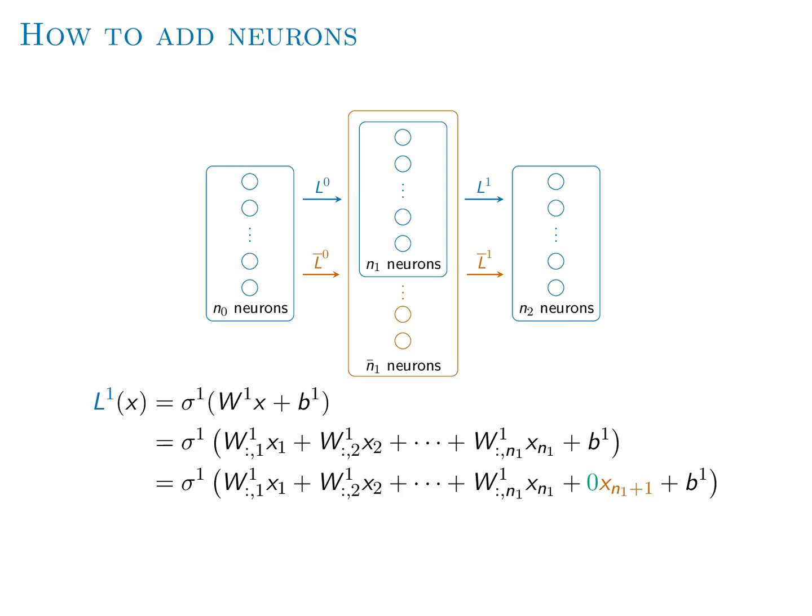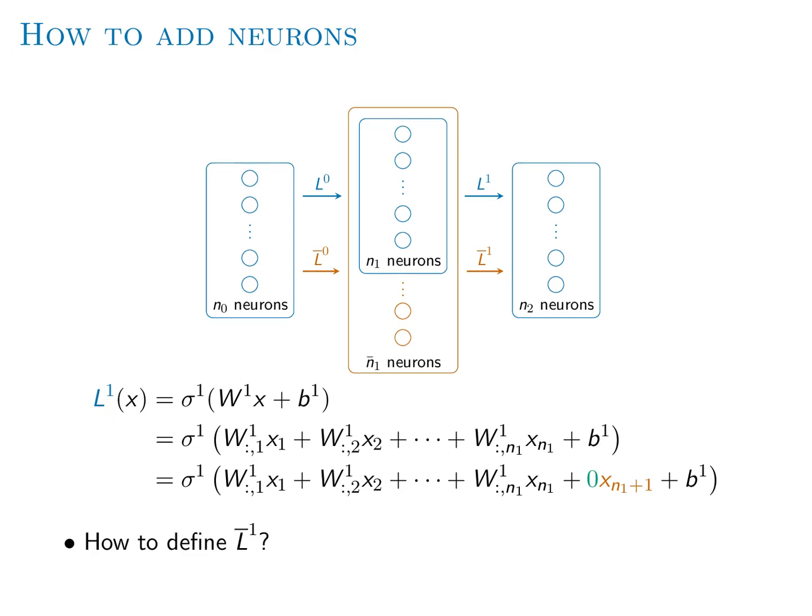In this way, we can easily see what is the contribution of each neuron, and, well, we can imagine how to easily insert a new neuron. So just imagine that there is a plus 0 times x(n+1). In this way, the output of L1 is still the same, clearly.